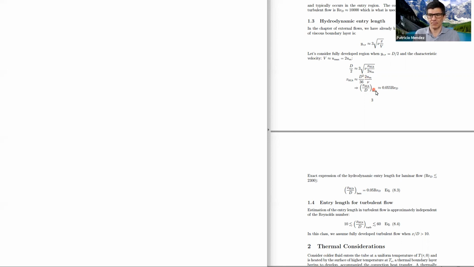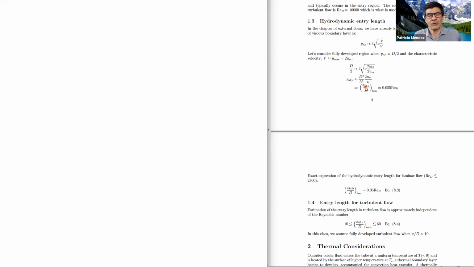Although this is a very rough approximation, using the solution from Blasius we obtain something like 0.055 Reynolds D.